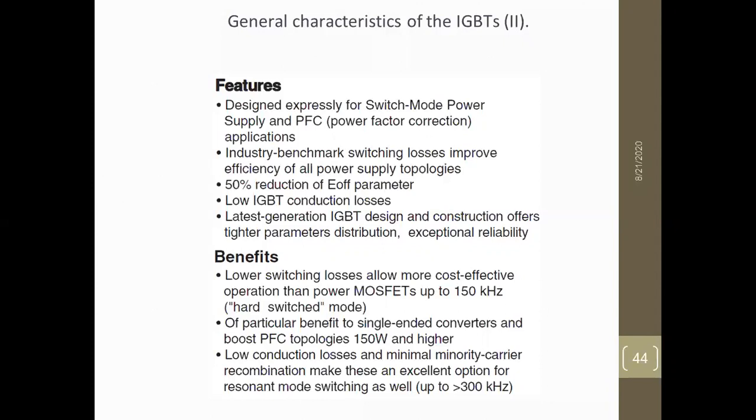Next, low conduction losses and minimal minority carrier recombination make these an excellent option for resonant mode switching, as well as for frequencies greater than 300 kilohertz. Actually, up to 150 kilohertz they are used, but by using the low on-state conduction losses of IGBTs, they can be used for frequencies greater than 300 kilohertz also.